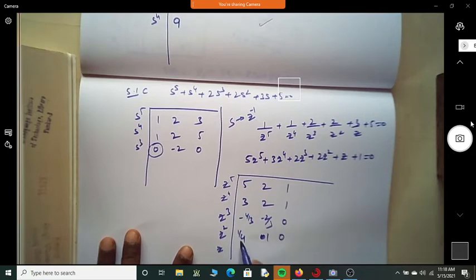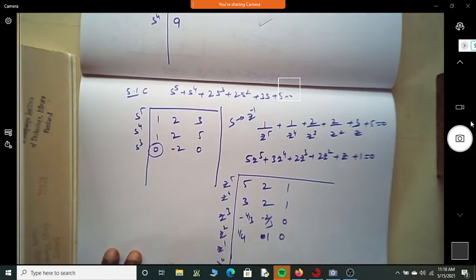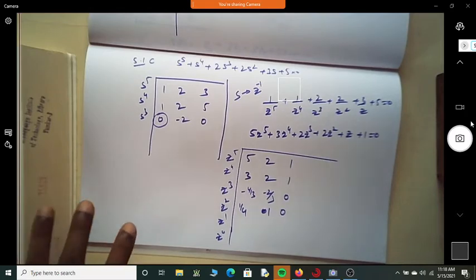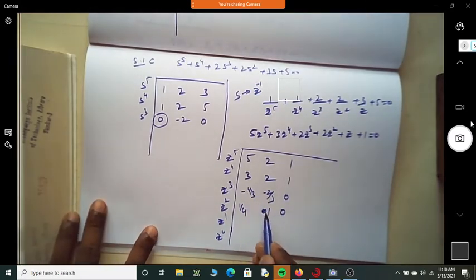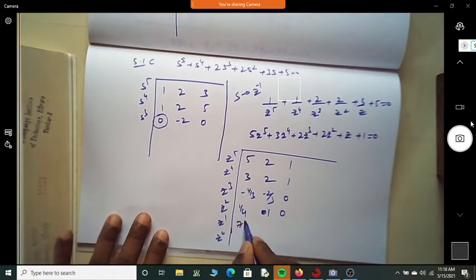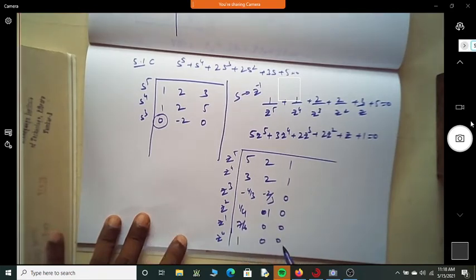Then here this is Z. This into this minus this into this by 1 by 4. 7 by 6, 0, 0. Then it is 1. Correct?